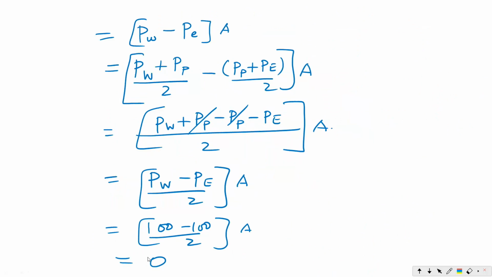So we are not able to capture the real physics, which means there is some problem in storing our values at the cell center. I will repeat the statement. When we are trying to find out the value of dou P by dou X, we ended with the value as 0. 0 means there is no pressure gradient, which means the flow cannot happen.